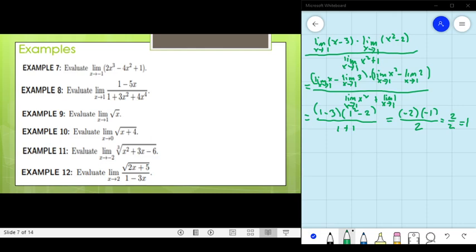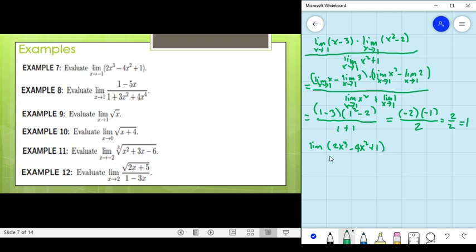So in number 7, evaluating the limit of 2x cubed minus 4x squared plus 1 as x approaches -1 is similar to 2 times -1 cubed minus 4 times -1 squared plus 1.